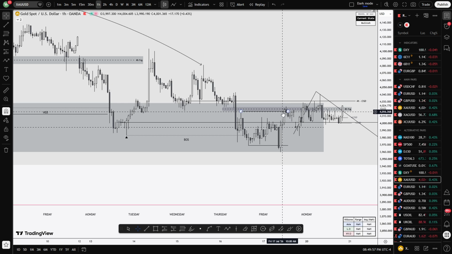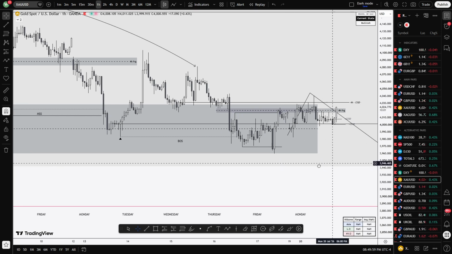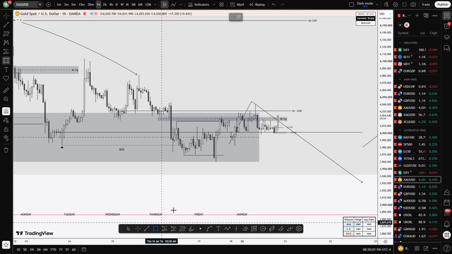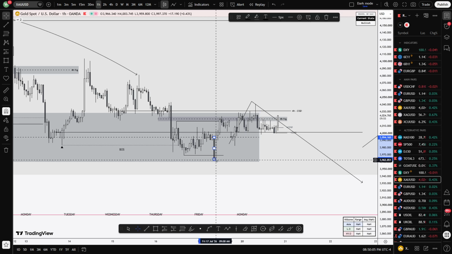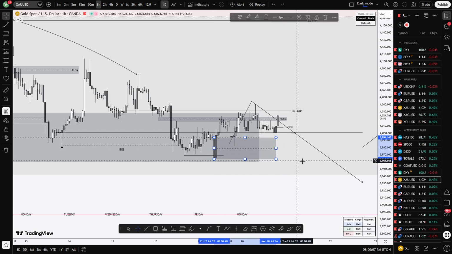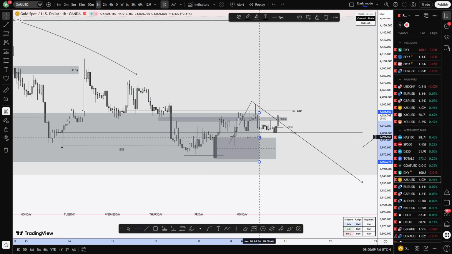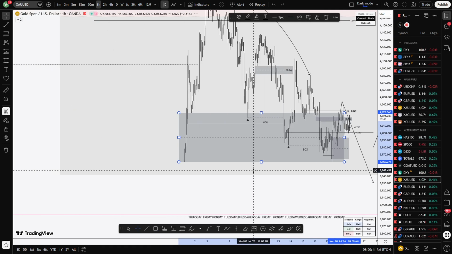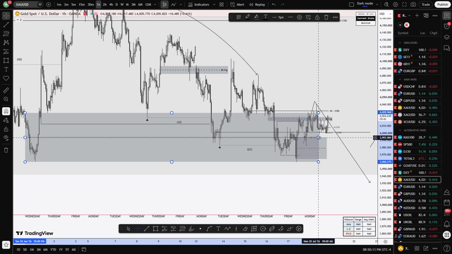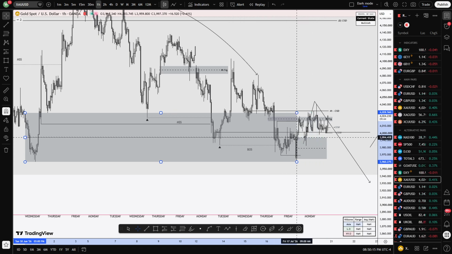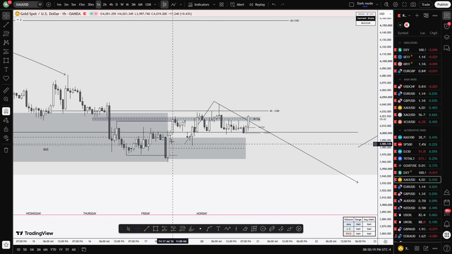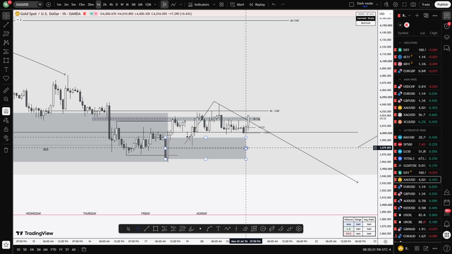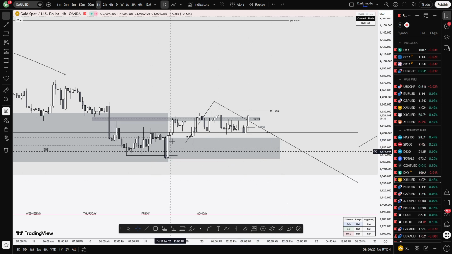Now, the plan was to see price trade lower back into this, right? And then continue higher. Yes, so we're still within this range, right? So the goal was to see price trade into this zone and then continue higher.